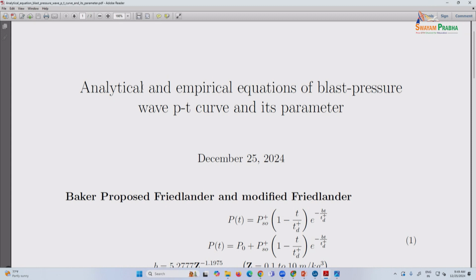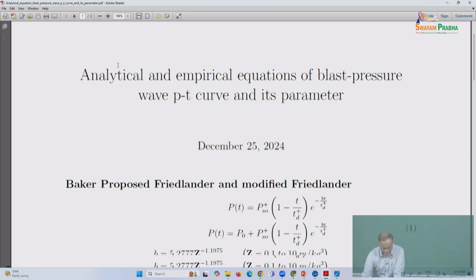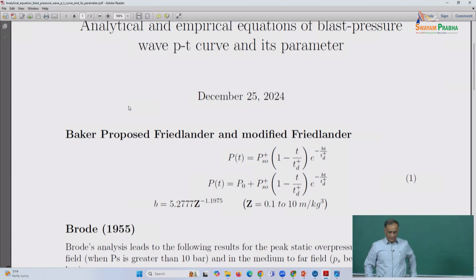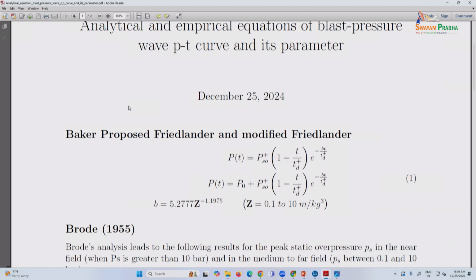If you look at various analytical expressions, this is the first one. Oh, it's right here. Baker proposed the Friedlander and the modified Friedlander equation. The modified is basically, this is the atmospheric pressure, and this is what I had written just now.